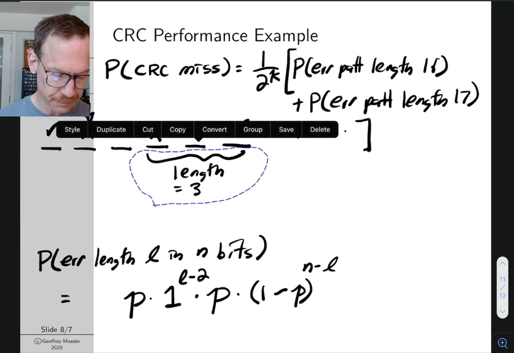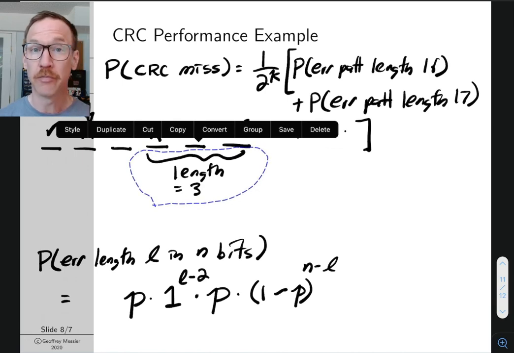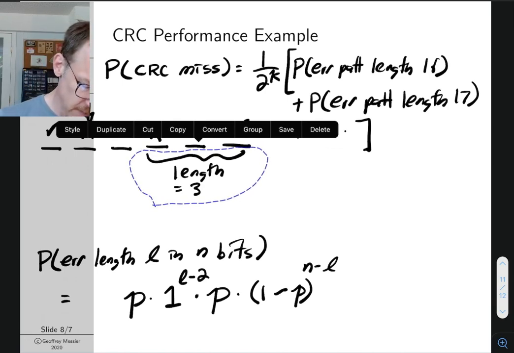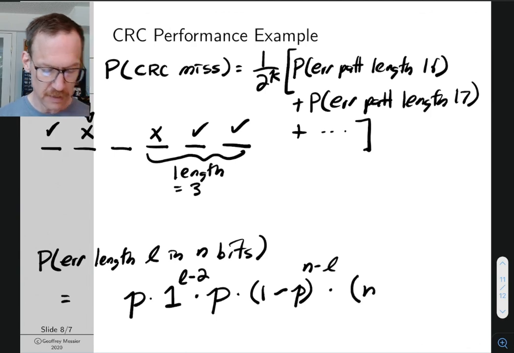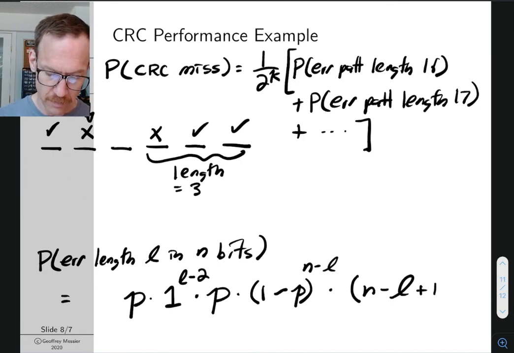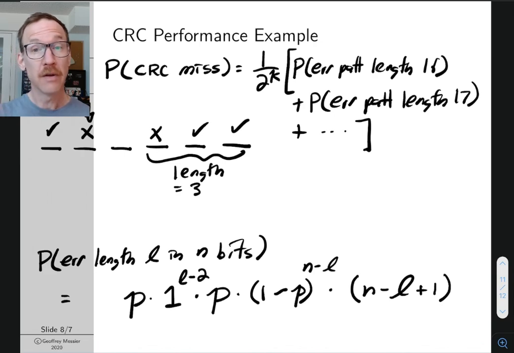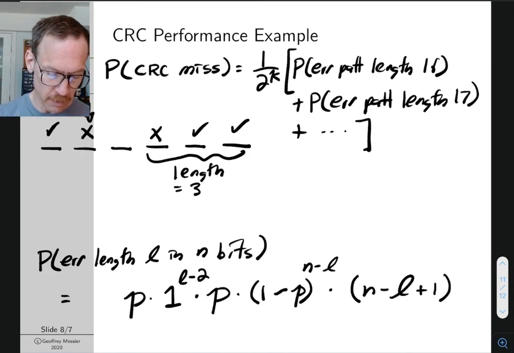And so we just multiply this general expression by the number of possible positions for our error pattern, which is equal to the number of bits in our frame minus the length of our pattern plus 1. Okay, and so this is the general form of having an error pattern of a certain length in a certain number of bits.